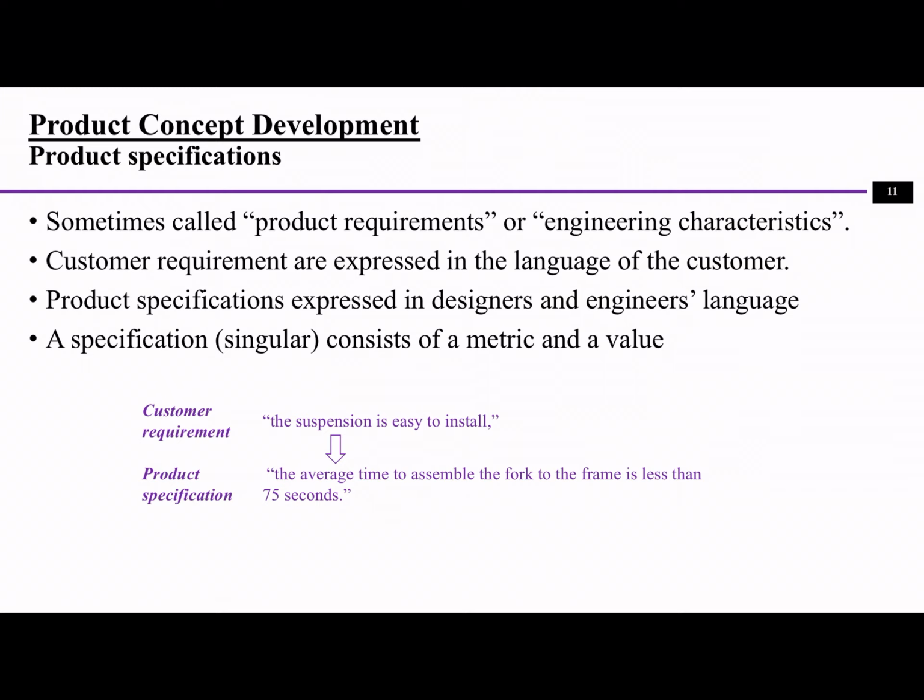So this is why you have to convert customer requirements language into engineering language for the product specification. Each specification should consist of a metric and a value. The metric in this example is the average time to assemble the fork and the frame, while the value will be 75 seconds. So this is how to convert the customer requirement to specifications.